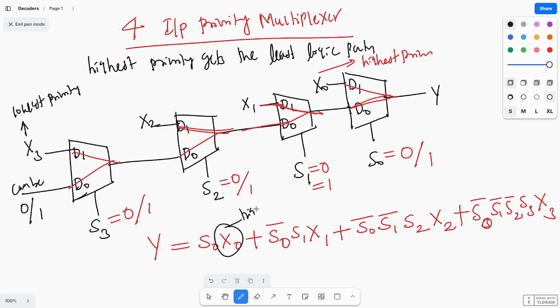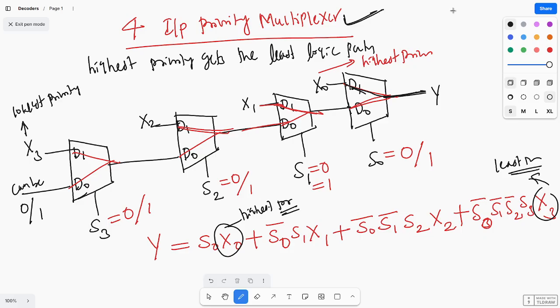x0 has the highest priority and x3 has the least priority. So whatever the highest priority signal is, it gets the least logic path. That's why this is called a 4 input priority multiplexer.